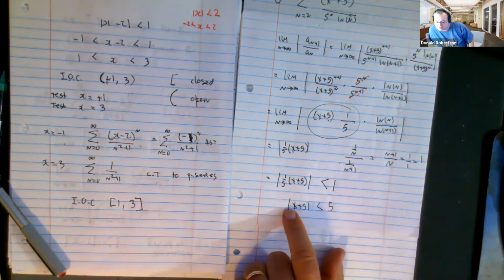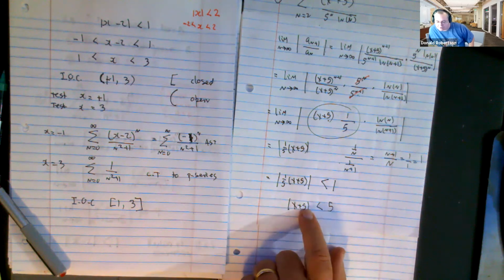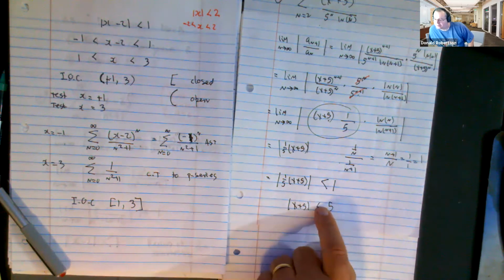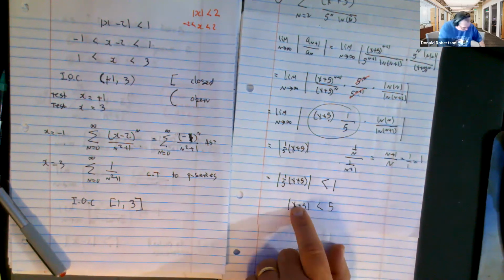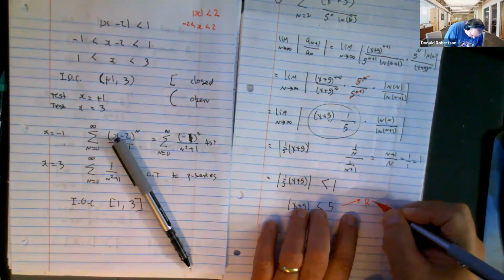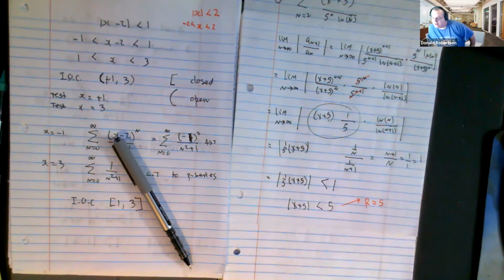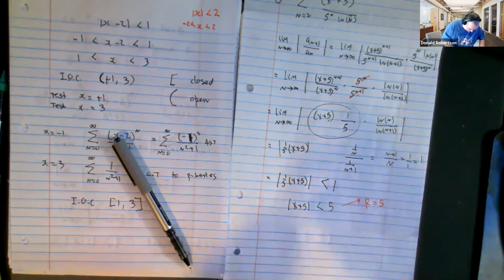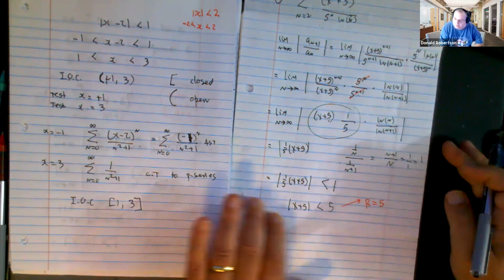The radius of convergence wants x plus 1, x minus 1, or just x on its own, less than a number, right? That's the form that it takes. So now that I've written it like that, are we happy that the radius of convergence is 5? Are you comfortable where it came from? So far, so good?